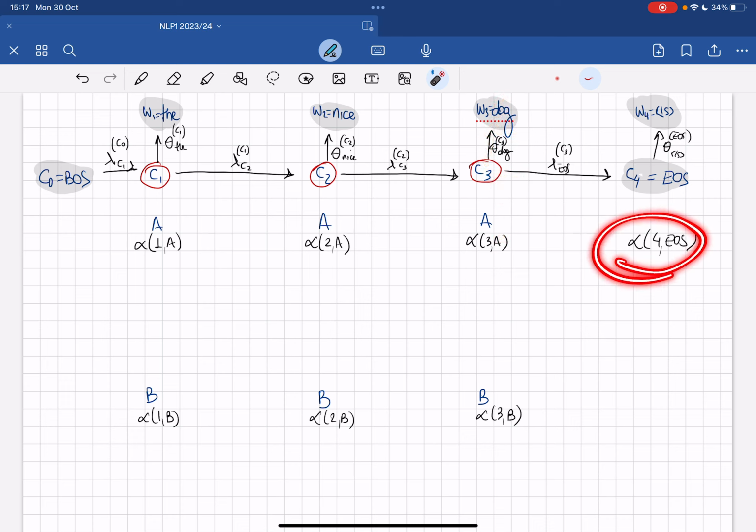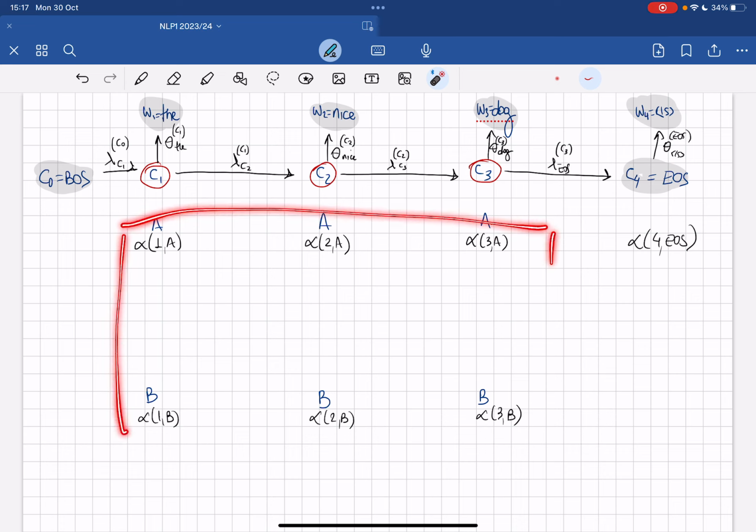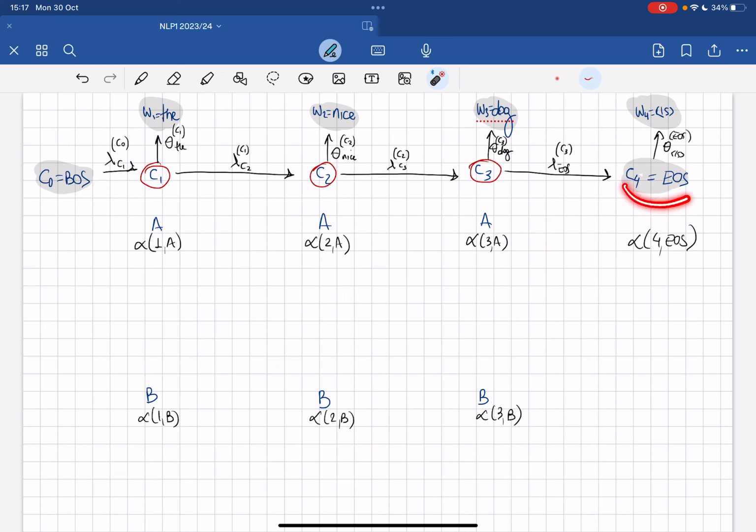And there is a special cell, alpha 4 EOS, which essentially marginalizes all possible sequences that end with C4 equals EOS and then generating the end of sequence symbol. That would be precisely the marginal probability we are interested in. This is the marginal probability.